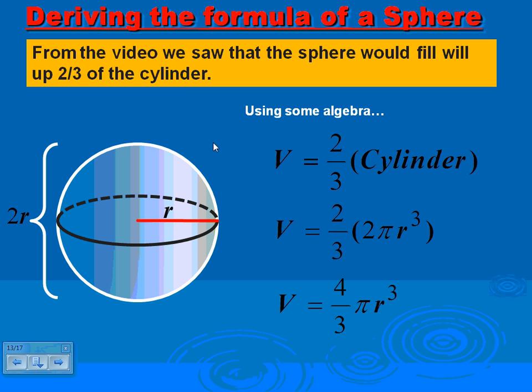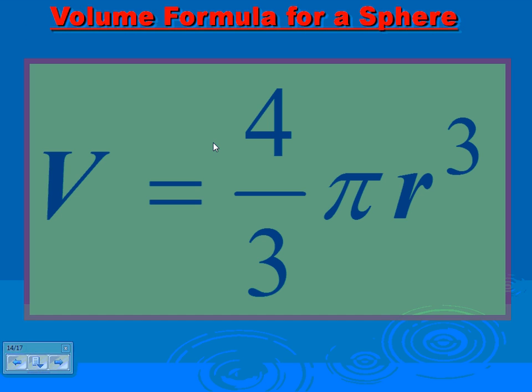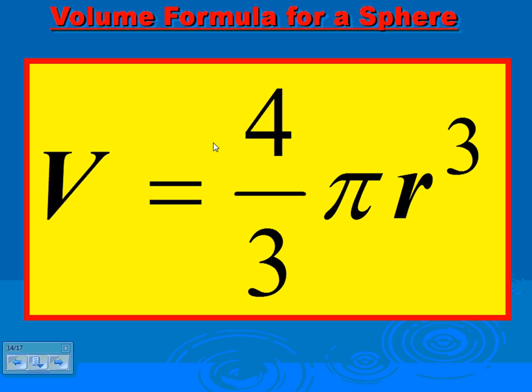We know the sphere is 2/3 of that cylinder. So 2/3 times 2 pi r cubed gets me 4/3 pi r cubed. So write this in your notes now. The volume of a sphere is 4/3 pi r cubed.